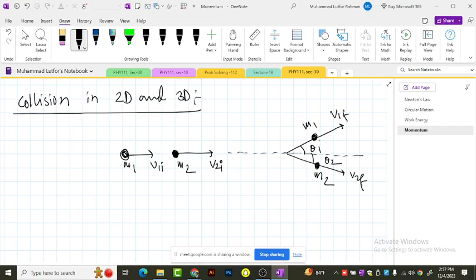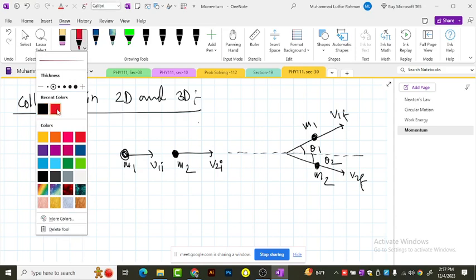Now I also want to find out what their velocities should be. If I can find the velocity, then I'll also be able to find the kinetic energy. Then we can comment on whether it's an elastic or inelastic collision. Let's consider, I can choose a different color, so that I can take the components of these velocities after the impact. Let's say this is my positive x and this is my positive y.